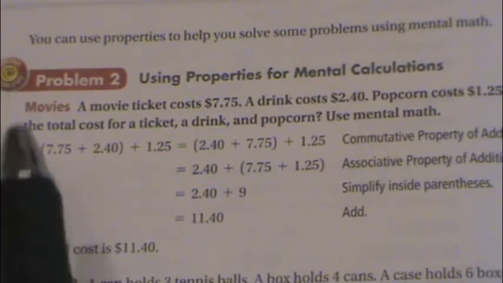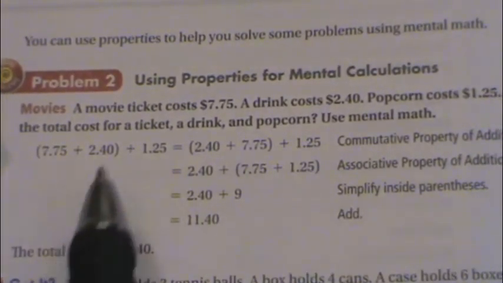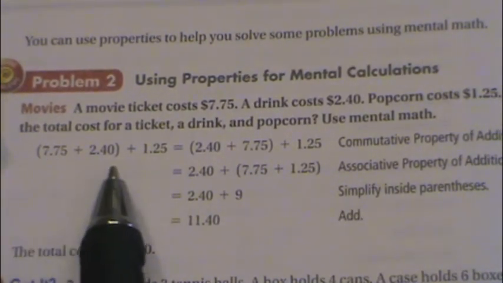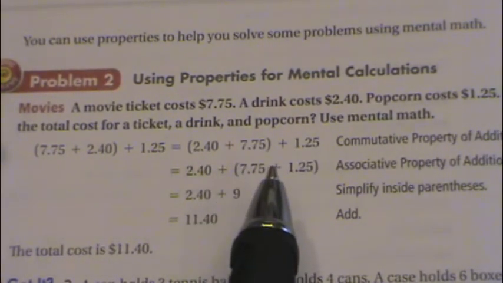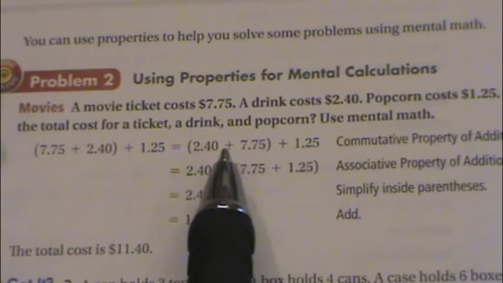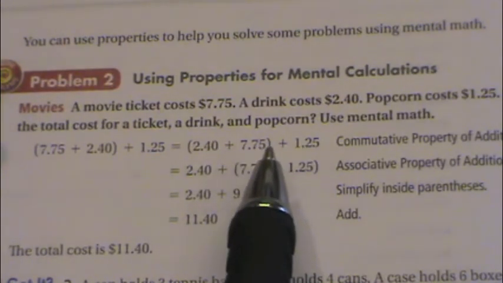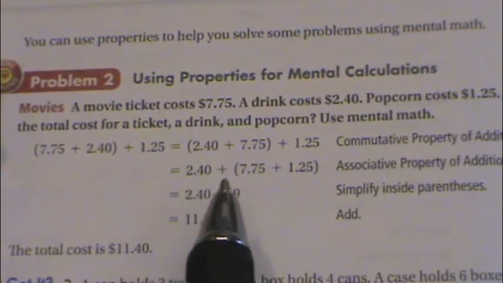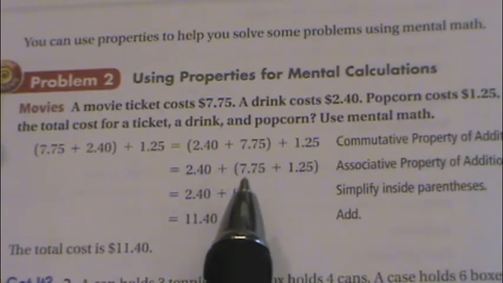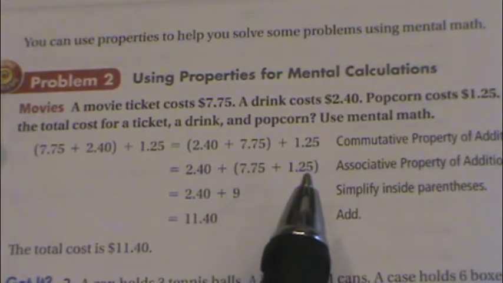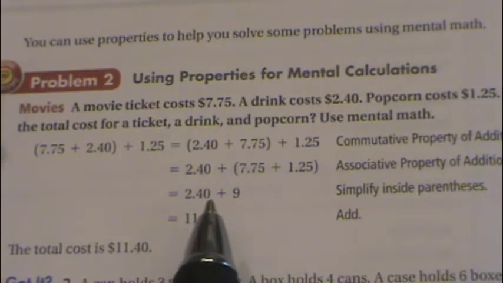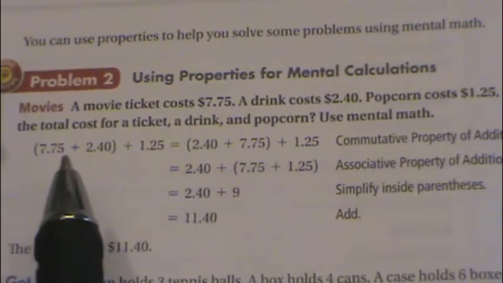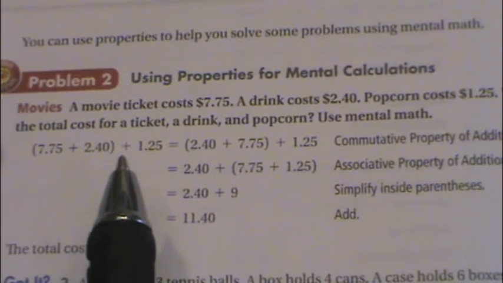If you have to add up these 3 numbers, $7.75, $2.40, and $1.25, using the commutative property, you can switch around the sums. Using the associative property, you can regroup the sums. And notice adding $7.75 and $1.25 in your head adds up to a nice even 9, which is much easier to work with than starting with $7.75 plus $2.40.